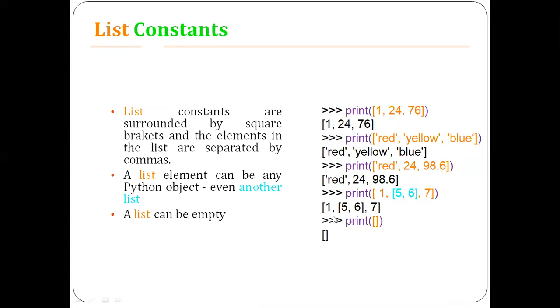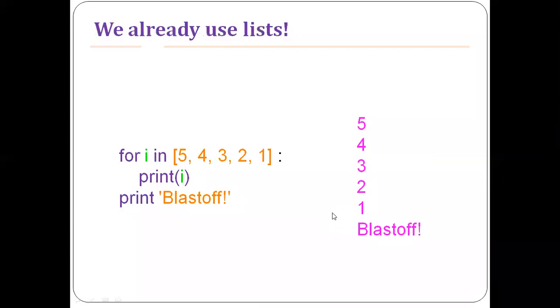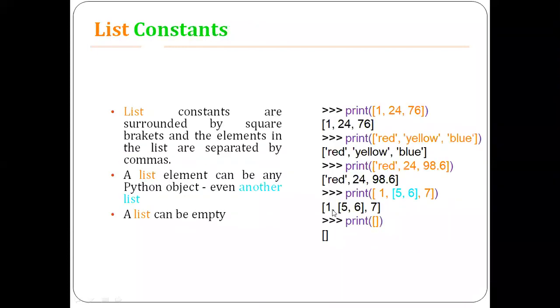When you print it, it will have an embedded list, a list within another list. That is one comma, a list, that is 5 and 6 within another list, followed by 7, and a list can be an empty list, right?